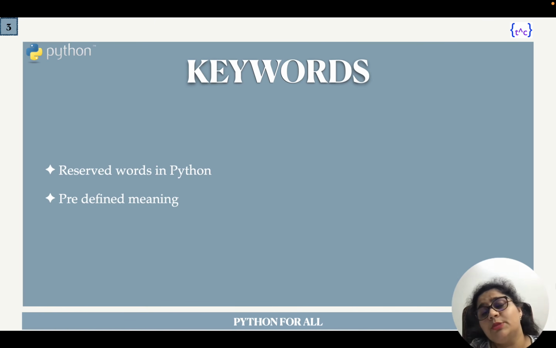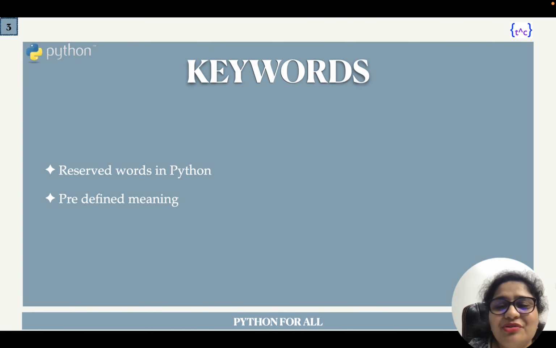Keywords for each programming language are reserved, and you should know which words they are, and you should not be using those keywords for any other purpose other than whatever they are supposed to. Let's say if is supposed to be used only for the conditional statement. So if you use it there, it will work perfectly fine. But if you try to use it somewhere else, it won't, right?